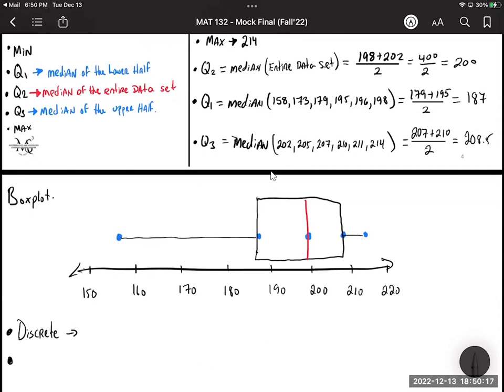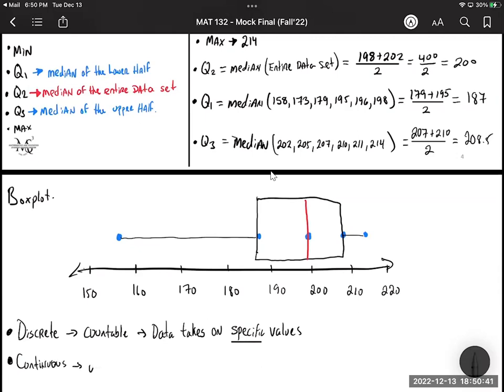When you say discrete, the data set is basically countable. It contains data that takes on specific values. Whereas continuous is the opposite of being discrete, right?